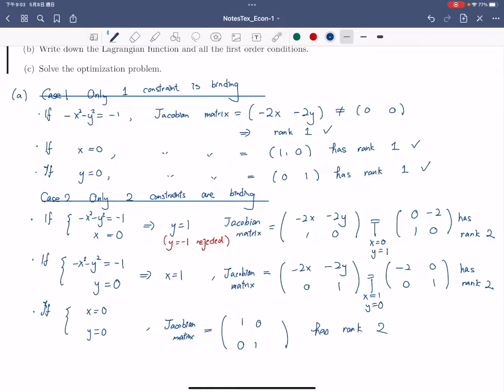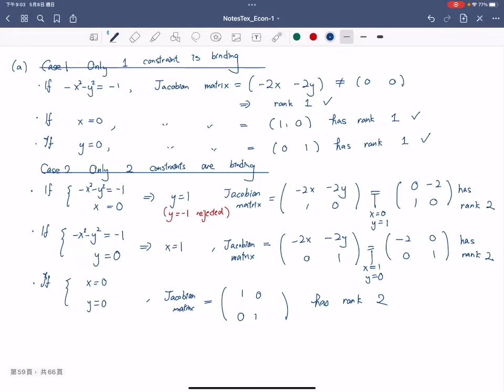Maybe I should add case 3, all constraints are binding. But then it's easy to check. In this case, it's impossible. So check. This is impossible.